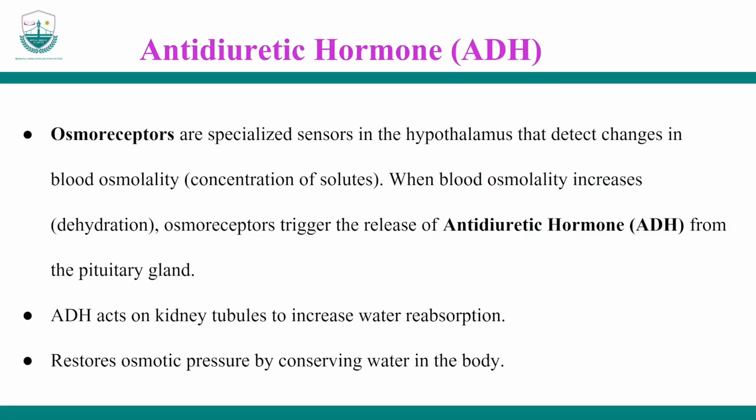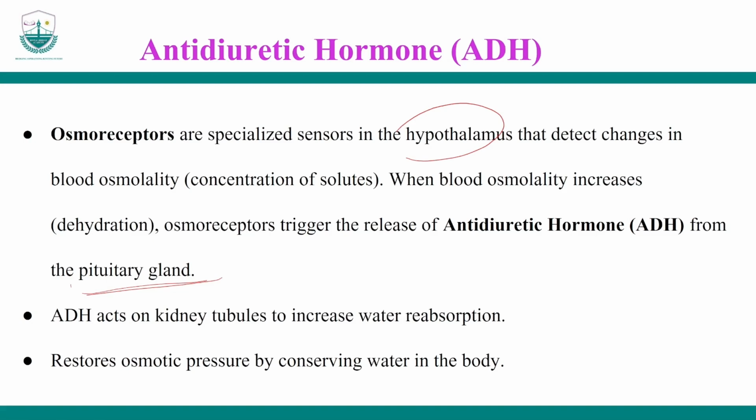As a result, these osmoreceptors, which are located in the hypothalamus, send impulses and signals to the anterior pituitary gland to produce ADH.